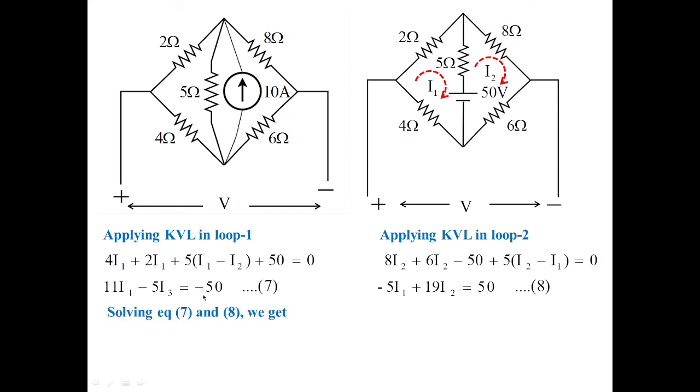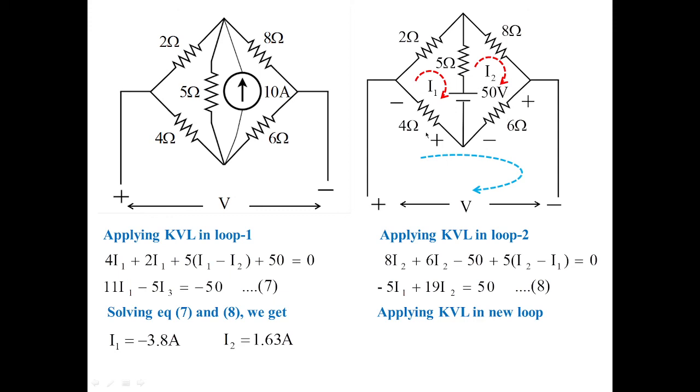Okay, so solving equations 7 and 8, I'm going to get the value of I1, which is equal to minus 3.8 amperes, and I2, which is equal to 1.63 amperes. With this, I'm going to apply a new KVL to this open circuit condition. Since it's open circuit, I can have a measurement of voltage over V, and I can find the voltage equation by applying KVL, and the currents which have traveled across 4 ohms and 6 ohms would have developed the voltage in this fashion.